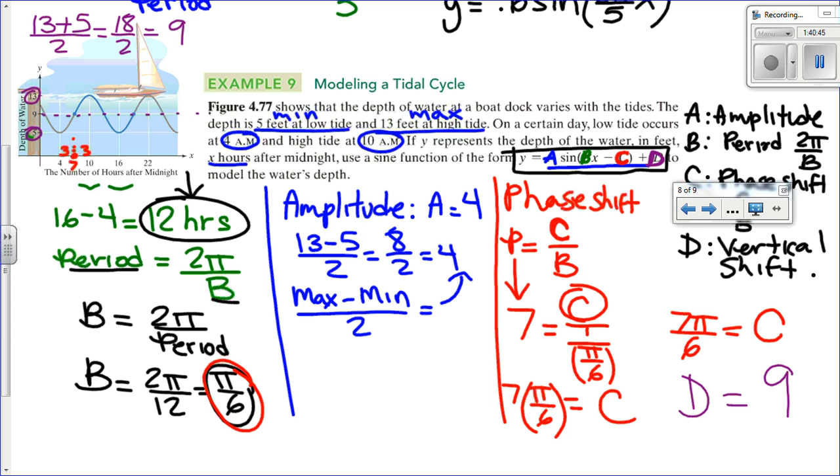And so to write the final answer for this question, it's going to be y equals, we need A. A, we found it here.